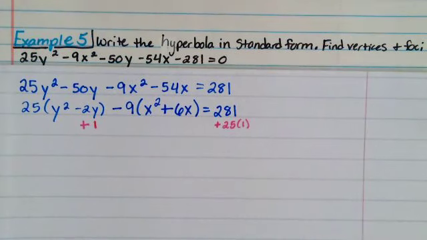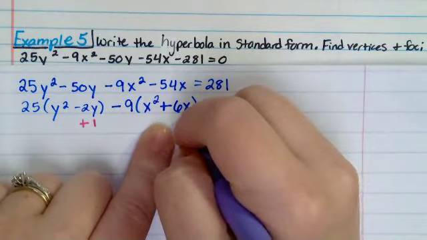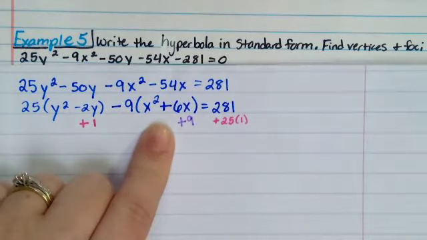For the other one, and again, this you have to be a little bit more careful with than the ellipses. That's the only negative to it, is we do have to be just a little bit more careful. Slow down just a little, okay? So with our x's here, we're going to take half of this, which is 3, square that, which is 9, and we're adding 9.